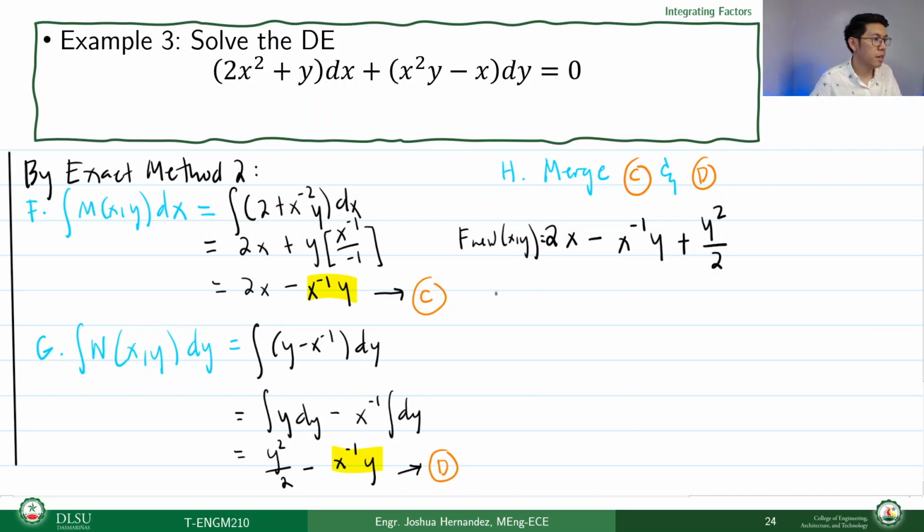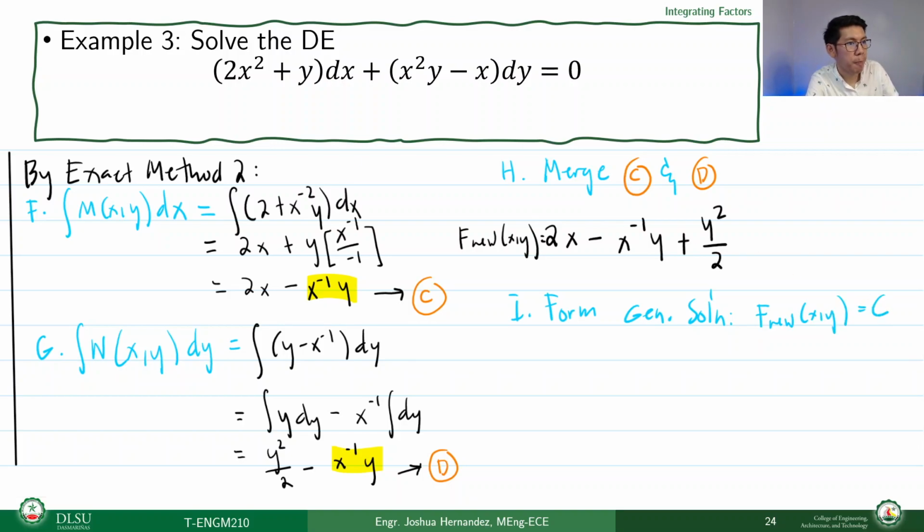And of course, step I is to form the general solution, which is f of xy equals c.